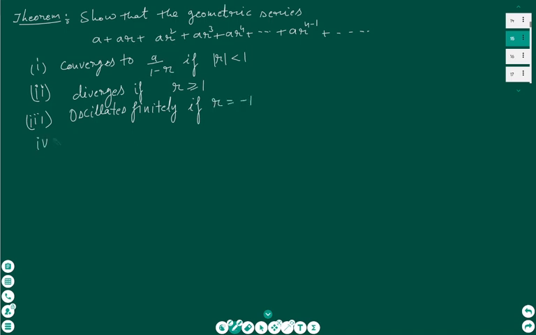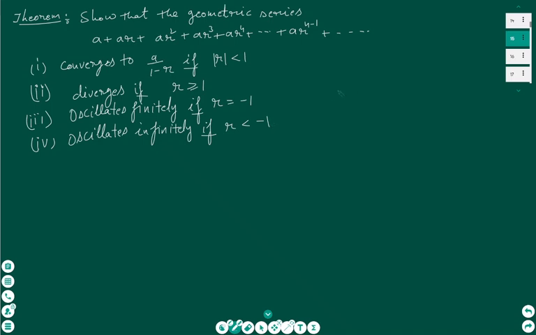And number 4, we have to show that this series oscillates infinitely if r is less than minus 1.